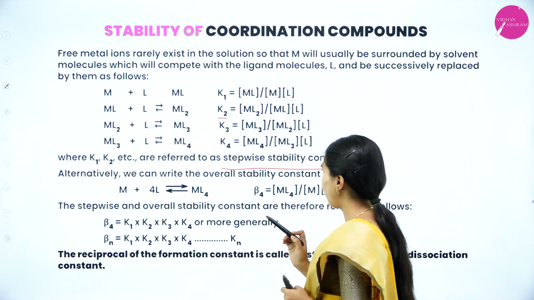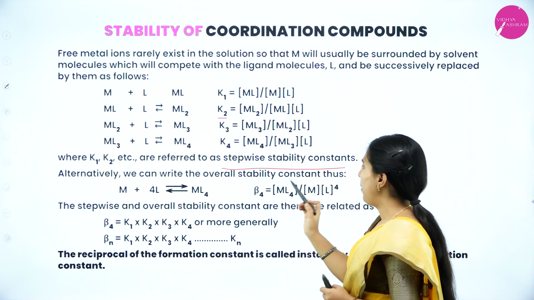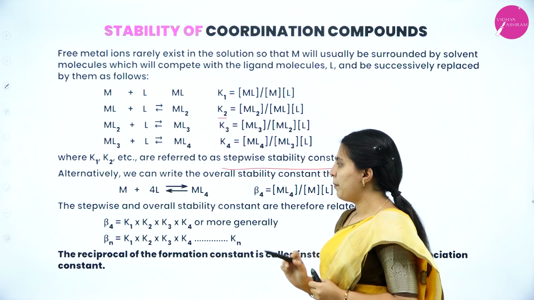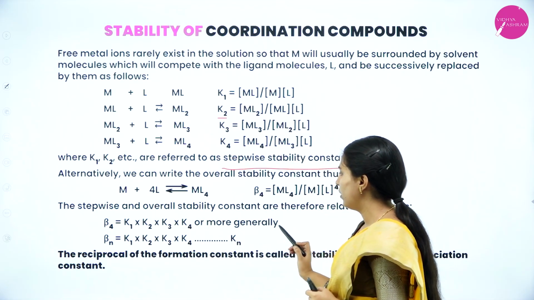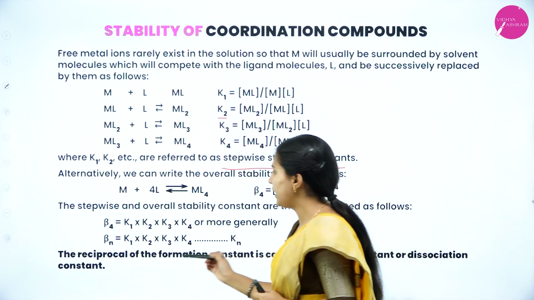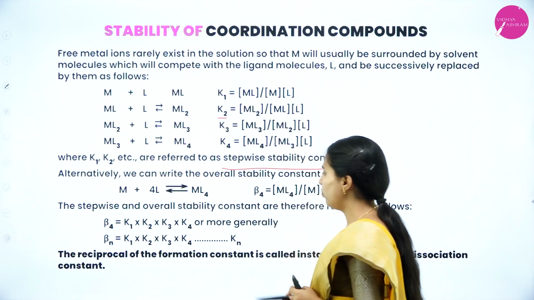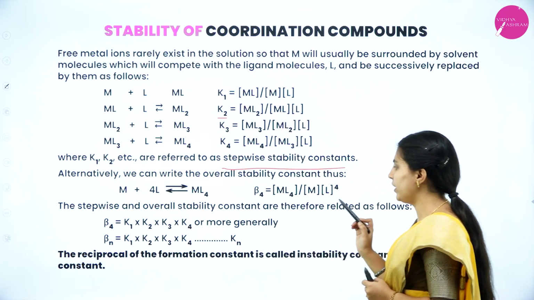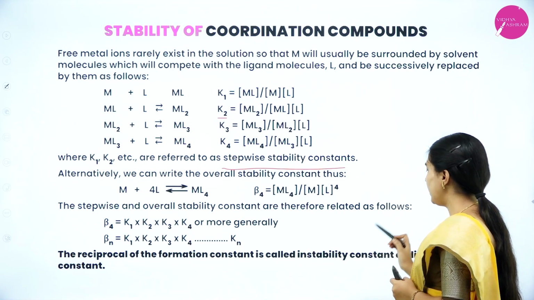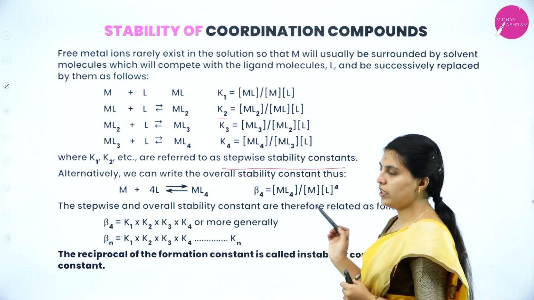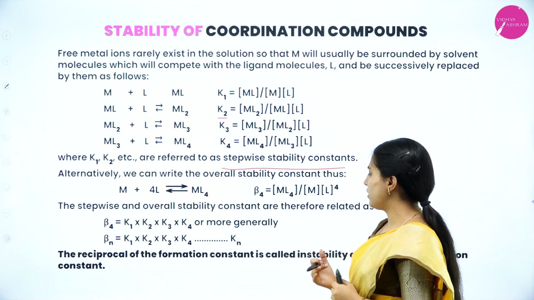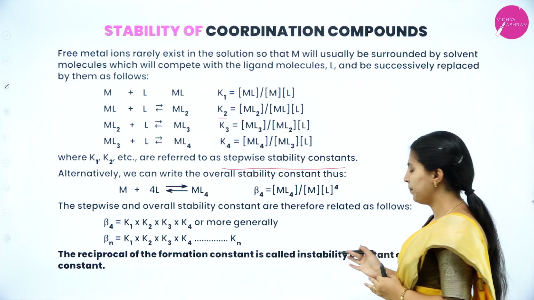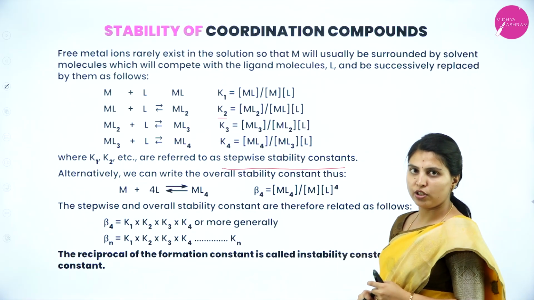Alternatively, we can write the overall stability constant as beta 4, equal to K1 into K2 into K3 into K4, or more generally beta n equals K1 to Kn. The reciprocal of the formation constant is called the instability constant or dissociation constant.